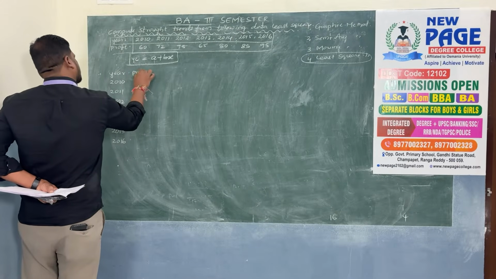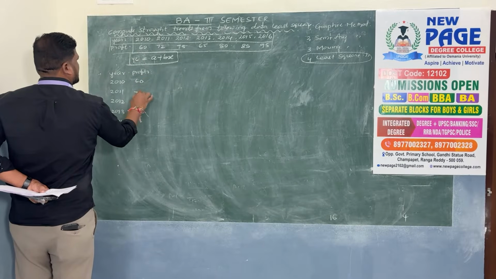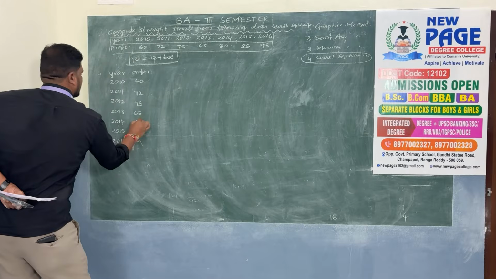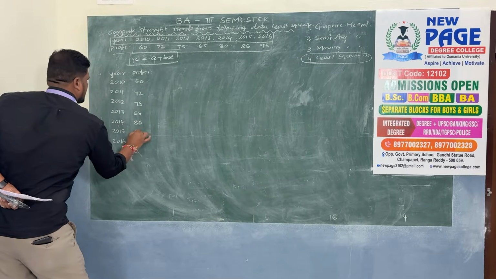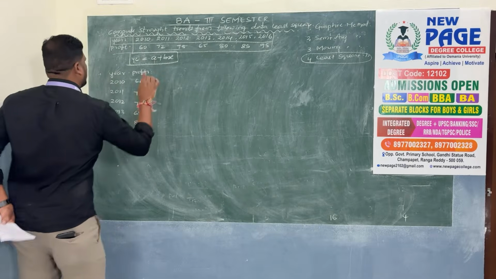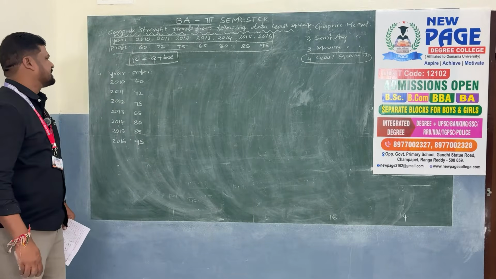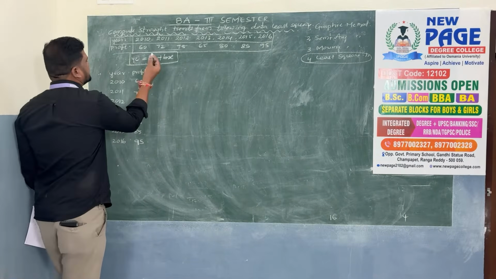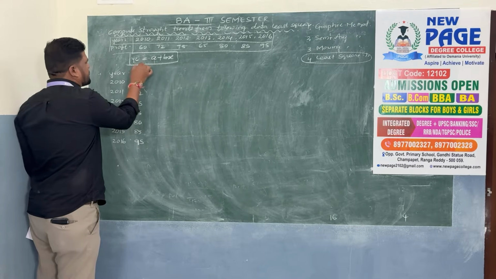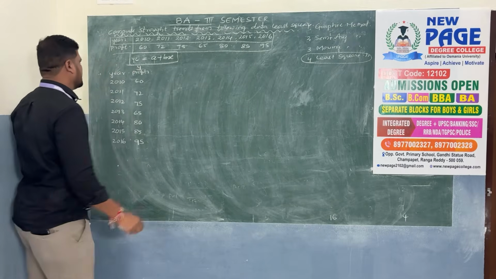Then profits: 60, 72, 75, 65, 80, 85, and 95. Simple data given here, years and profits. Profits refers to the Y.